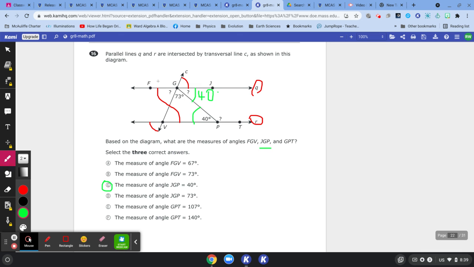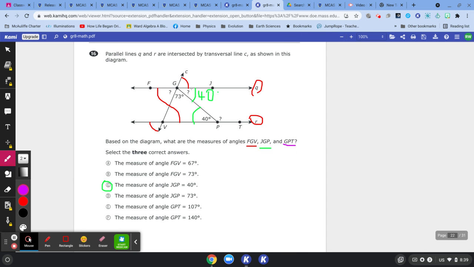So now we're trying to find FGV, and we're also trying to find GPT. I'll underline FGV in red, and we'll pick a different color for GPT. We'll pick yellow.